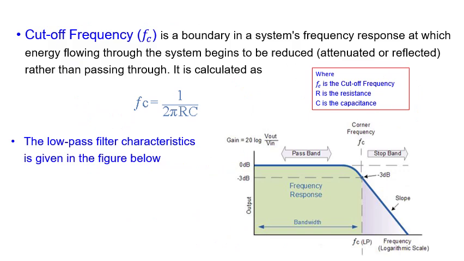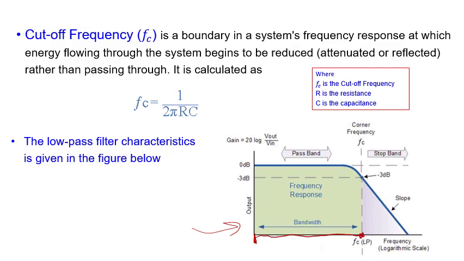So as I mentioned earlier, the cutoff frequency is the point where the filter is considered to be rejecting some frequencies. What do I mean here? If you look at the characteristics shown here, for a low pass filter there is a pass band starting from a very low frequency and continuing until a certain point.